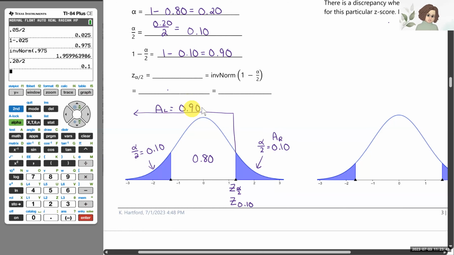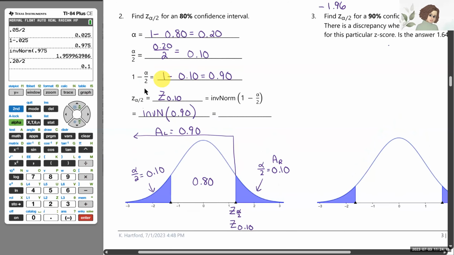You can also see this 0.90 showing up if you just add those two numbers together. So for our example, z alpha over 2, with 0.10 as a subscript, we inverse norm the 1 minus alpha over 2 value.